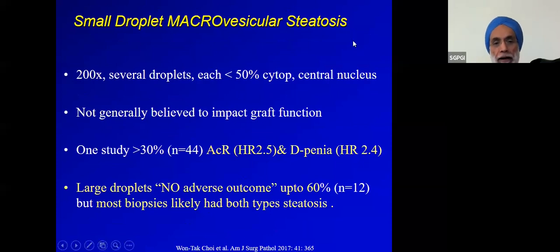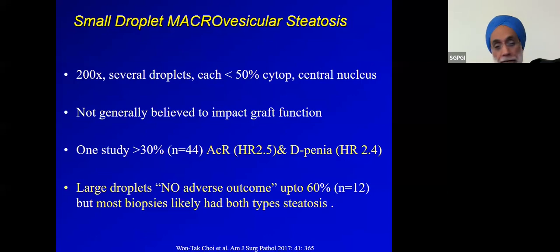What about small droplet macrovesicular steatosis? It's the reverse of what I just said. Usually you evaluate at 200x, and the droplets are typically occupying less than 50% of the cytoplasm. Nucleus is central. It's not generally believed to impact graft function, although there's one study which said if it's more than 30% small droplet macrosteatosis, they reported a hazard ratio of 2.5 for acute rejection and 2.4 for ductopenia.